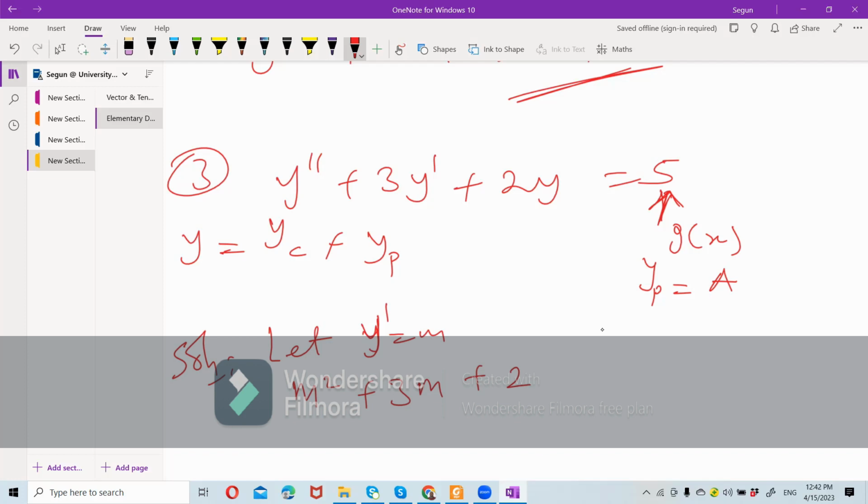So in this case now, our y prime is equals to this. So we have this to be equals to this, and we equate this one to be 0 first in order to get our m.